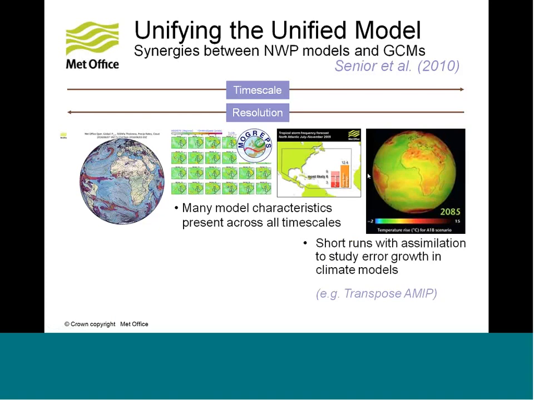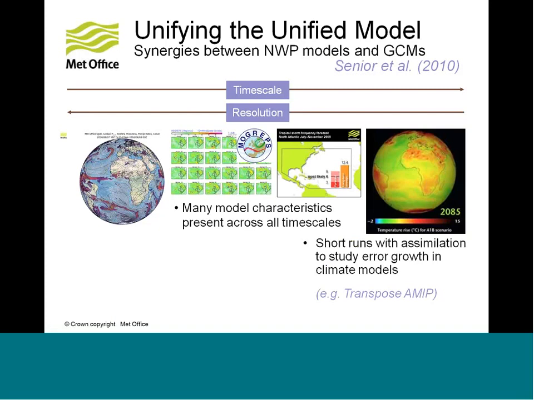So in recognition of this, the climate modeling community will increasingly run short runs of their climate model, using either data assimilation or starting from an independent analysis, to study the growth of model error and to confront the parameterizations with real high-quality observations.